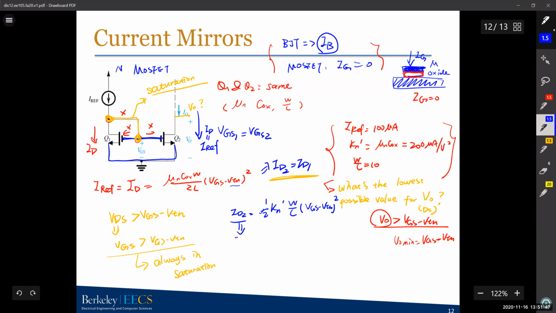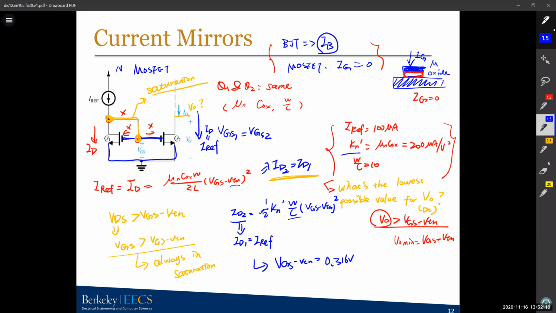Kn prime is given and W over L is given, so you can plug in numbers. The VGS minus VTN is 0.316 volts. So your lowest possible value of Vout is 0.316 volts.